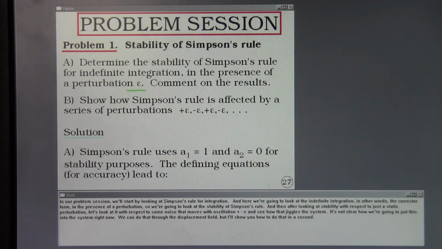And then, after looking at stability with respect to just a static perturbation, let's look at it with respect to some noise that moves with oscillation plus minus E, and see how that jiggles the system. It's not clear how we're going to put this into the system right now. We can do that through the displacement field, but I'll show you how to do that in a second.